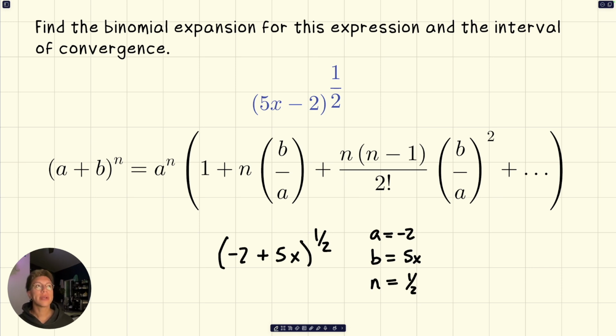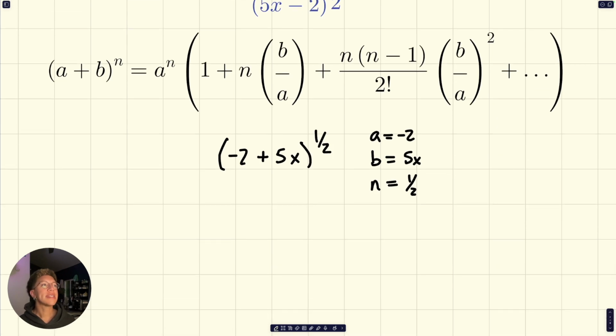And so solving this out is just a matter of plugging those values into the formula. So it's really straightforward. We start with our left-hand side. We say that (-2 + 5x) to the 1/2 power is equal to a to the n, where a is -2, all raised to the n power, which is 1/2. And then we open up our parentheses.